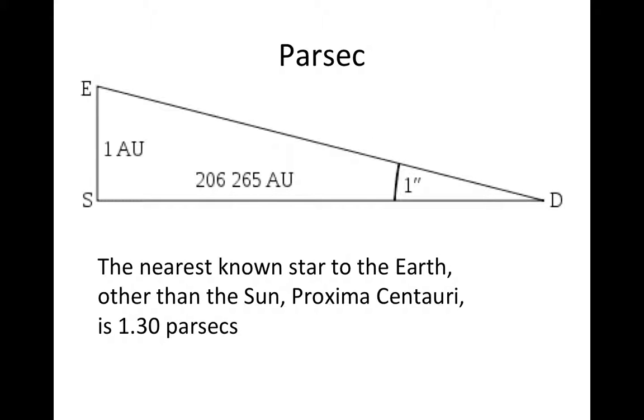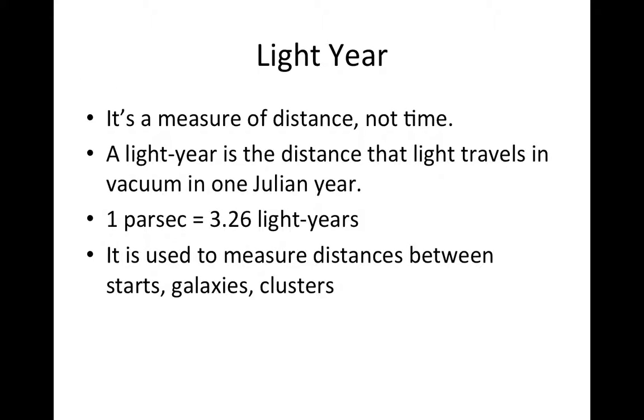So instead of using the astronomical unit, when we talk about distance to relatively close stars, we use parsecs instead of astronomical units. So you see there another example of how the unit of measure changes depending on what it is that we are trying to measure. A third astronomical unit is the light year.